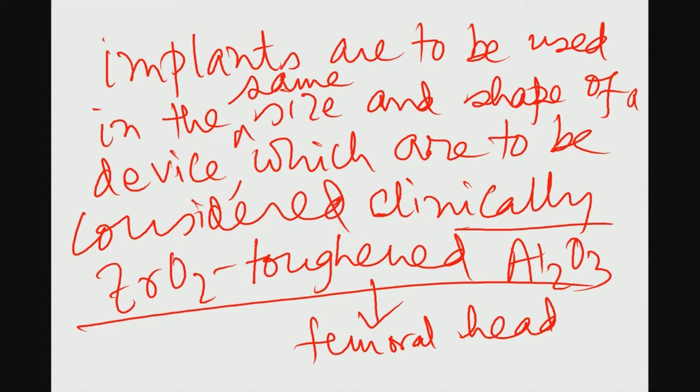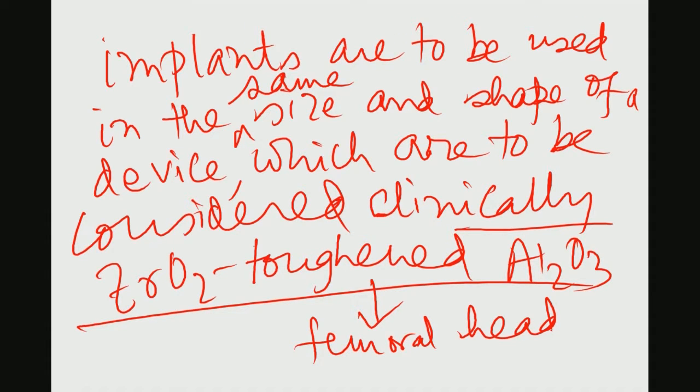You cannot simply keep this zirconia and alumina as a simple cylindrical or rectangular piece and put it in human patients. It has to be first fabricated in the shape of the femoral head or acetabular socket, and then you put it inside the human subjects or human volunteers as part of the clinical trials.